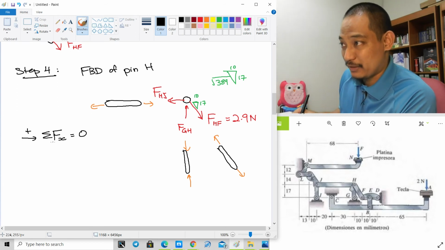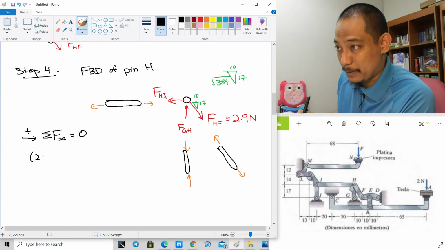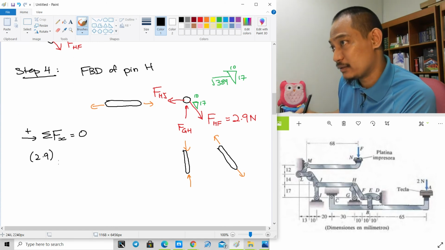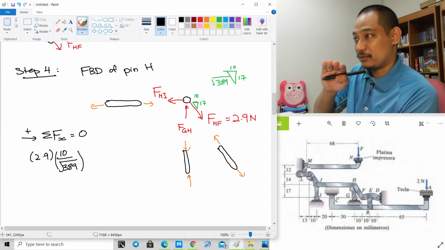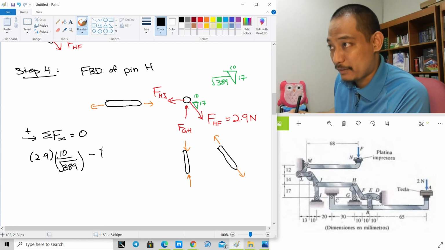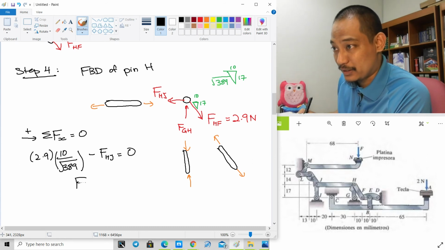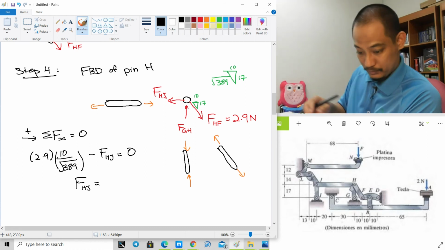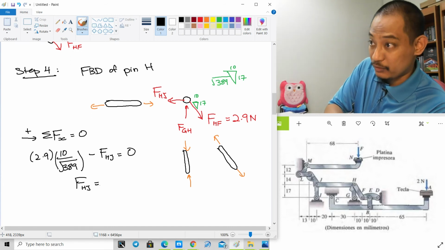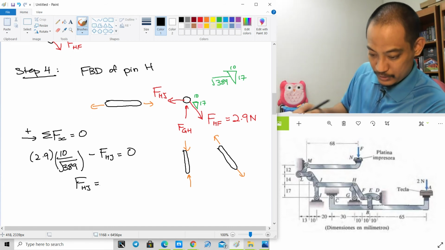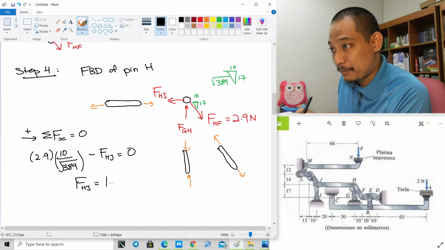We have FHF of 2.9 times the horizontal component, 10 over square root of 389, minus FHJ equal to 0. Then FHJ equals 2.9 multiplied by 10 divided by square root of 389. You will get 1.47 Newton.